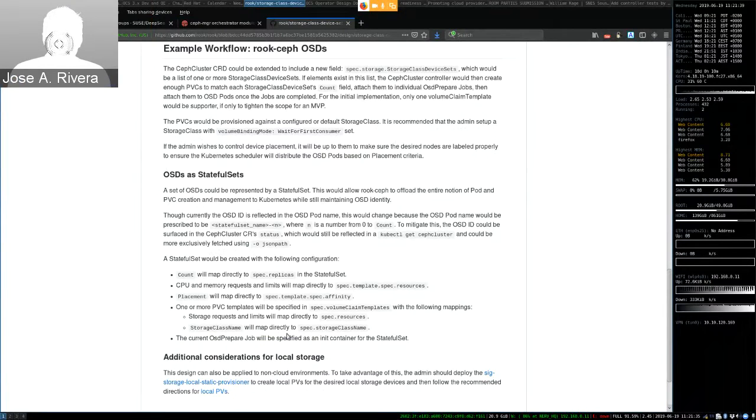Right. And as stated, best I understand the pattern right now, and pardon me for still being relatively naive about Rook Ceph, the pattern as is would allow for using PVCs against the deployments, since it's just a replica one deployment per OSD pod.